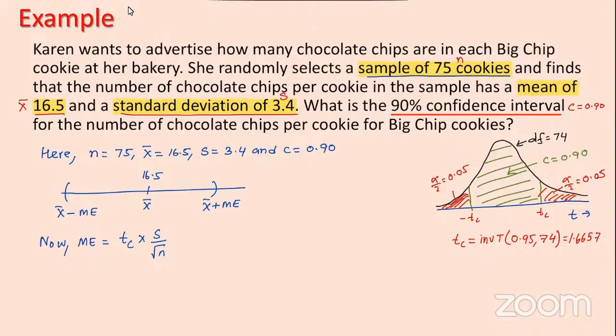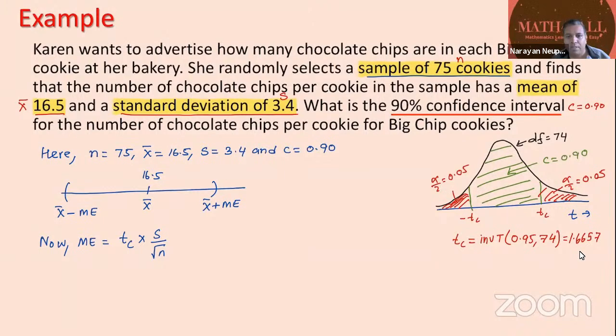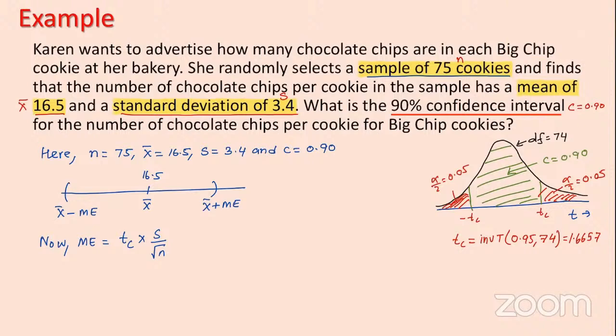Yes. Okay, so we got this value of T critical 1.6657. Before we move on and calculate margin of error, are there any questions so far? No. No question? Okay, that's wonderful.